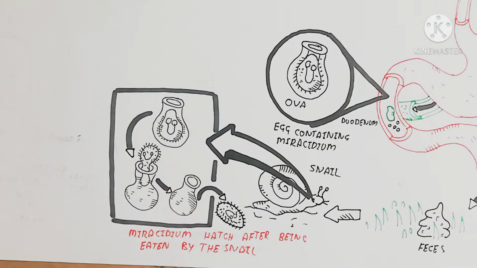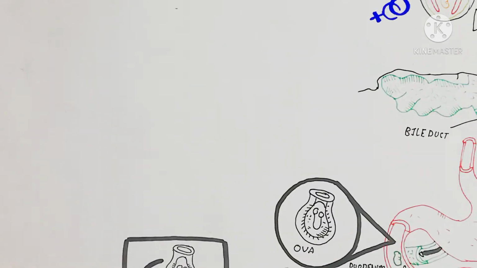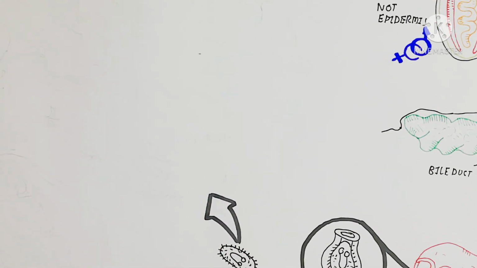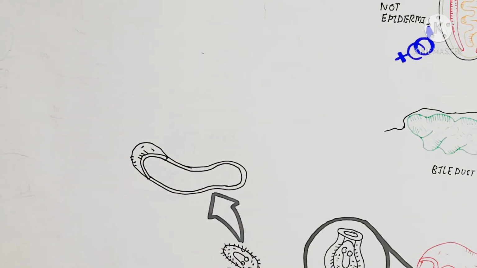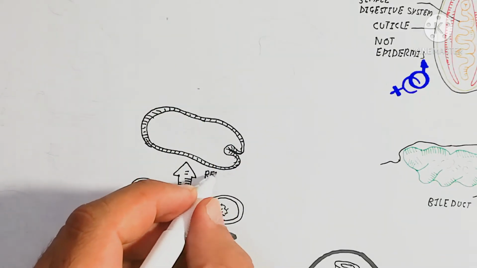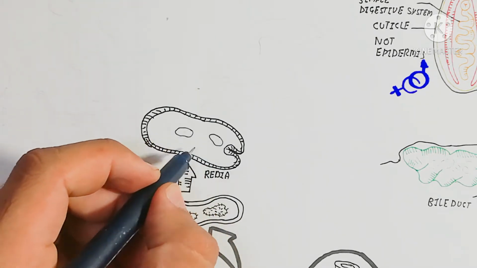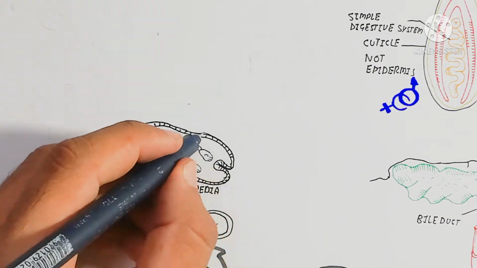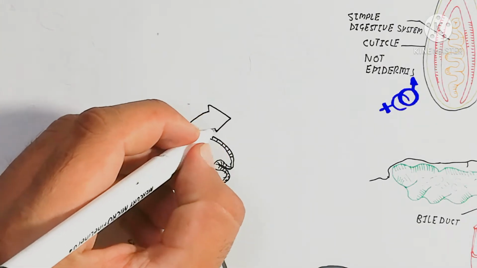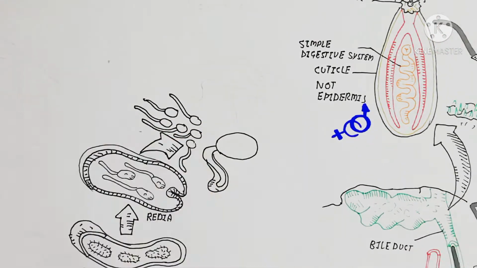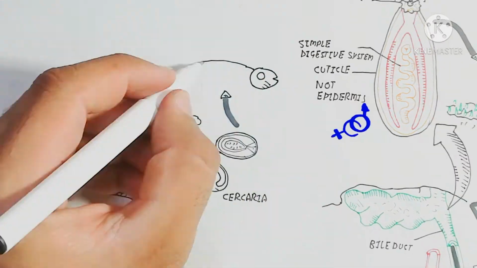Here a sporocyst will be formed, and this sporocyst will be converted into the redia. The redia has tentacles used for movement, and the redia is the precursor of the cercaria. The redia is released into the water to convert into the cercaria. The cercaria can swim and attaches to the gill of the fish or inside the fish.